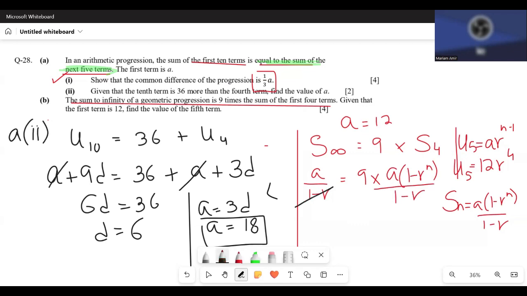Let's simplify by cancelling the denominators, and by cancelling the a's as well. The left-hand side is only left with 1 equals 9 times 1 minus r power n. So 1 upon 9 is equal to 1 minus r power n. R power n is equal to 1 minus 1 over 9, which gives 8 upon 9.